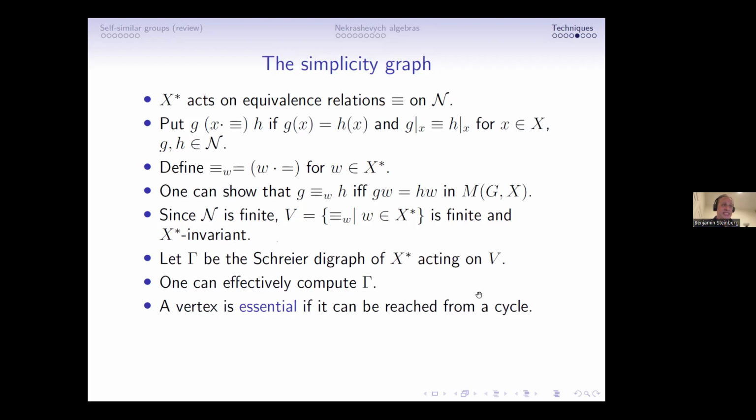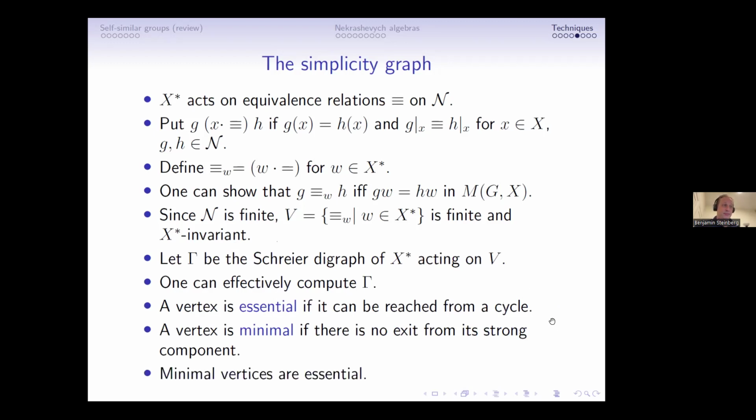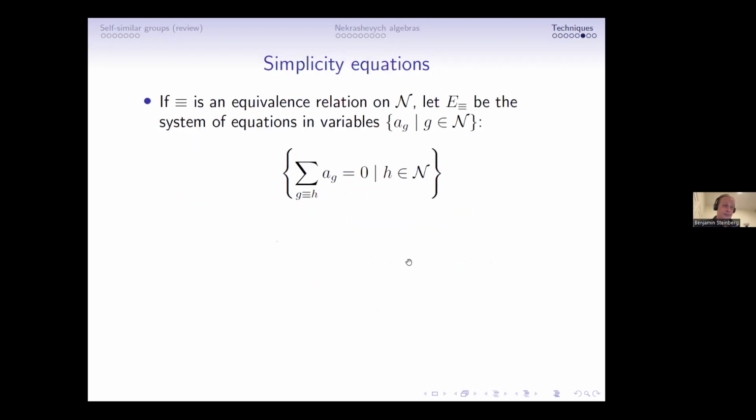And we look at what are called essential vertices. These are vertices which can be reached from a cycle, and minimal vertices, which are vertices that you cannot exit from their strong components. So particular minimal vertices are essential. And roughly speaking, given any equivalence relation on the nucleus, we get some equations by saying that we choose a variable for each element of the nucleus, and for each equivalence class, the sum of the variables in that class should be 0.